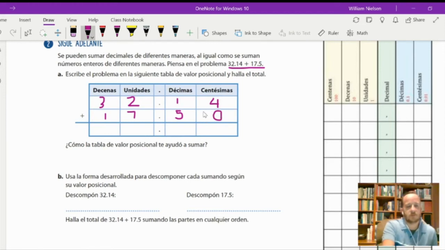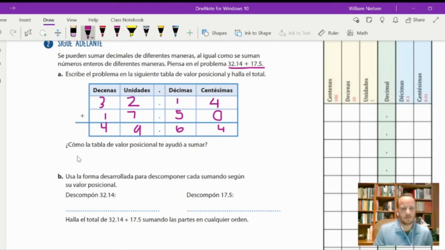Nada más es un poquito más fácil para mí. 4 más 0, vamos a poner el 4. 1 más 5, 6. 2 más 7, 9. Y 3 más 1 va a ser 4. Entonces ya tengo 49 y 64 centésimas. ¿Ok?